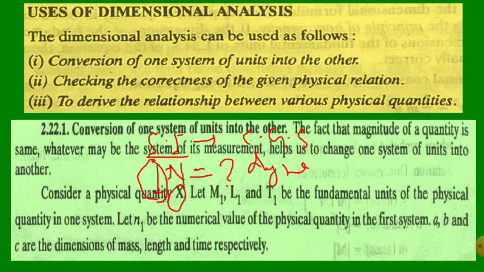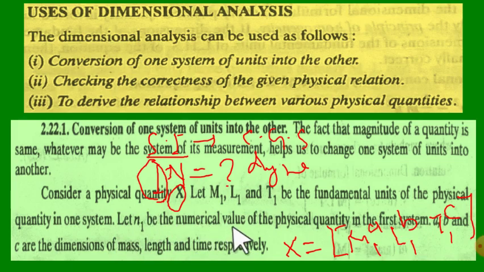Suppose you are trying to express this x, then x will be equal to what? The dimensional formula for this will be M1^a L1^b T1^c. In the first system, a, b and c are the dimensions of mass, length and time respectively.